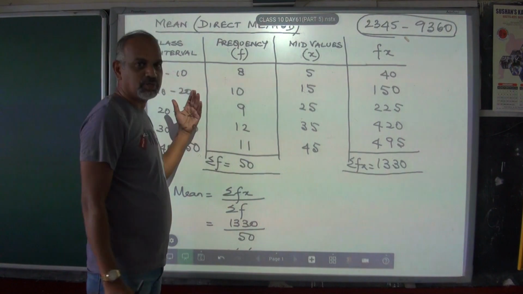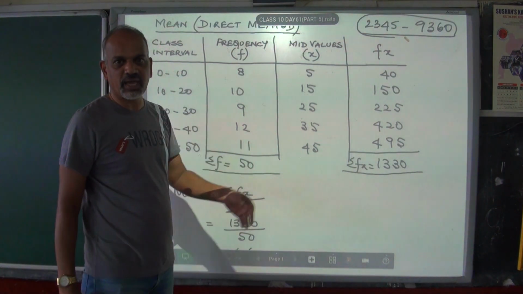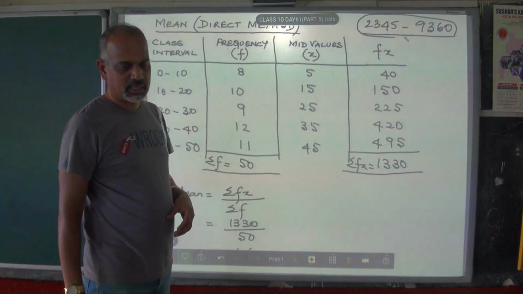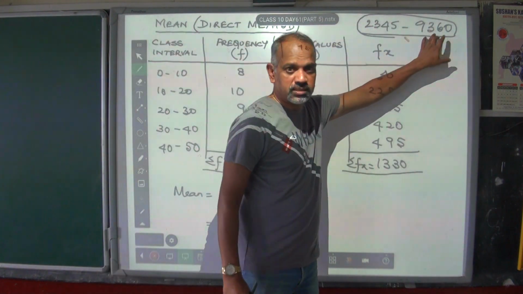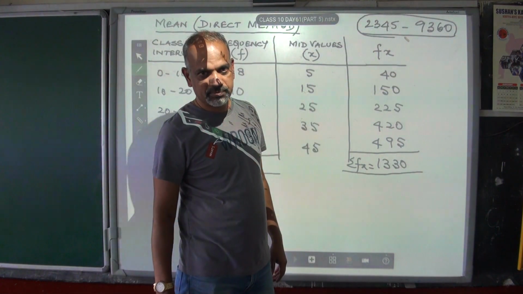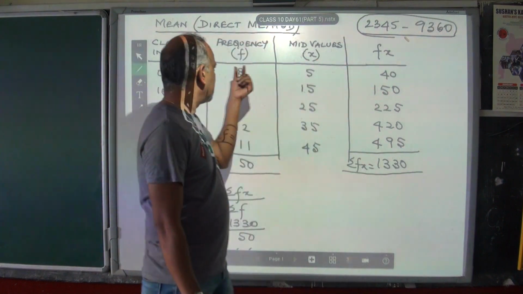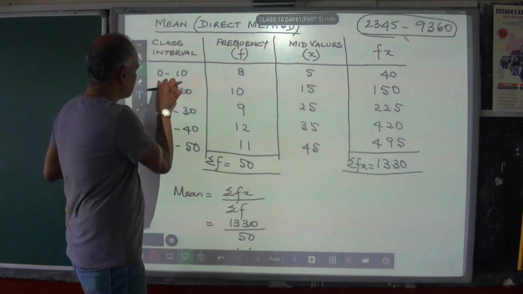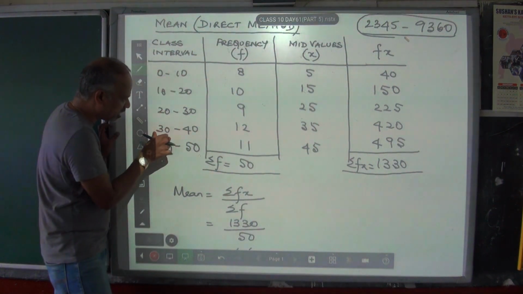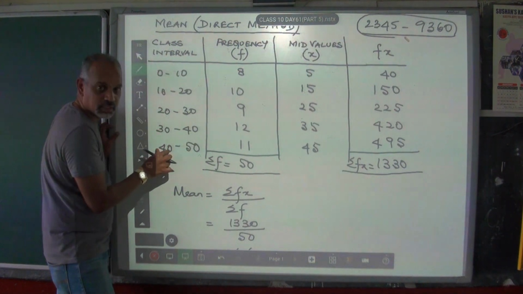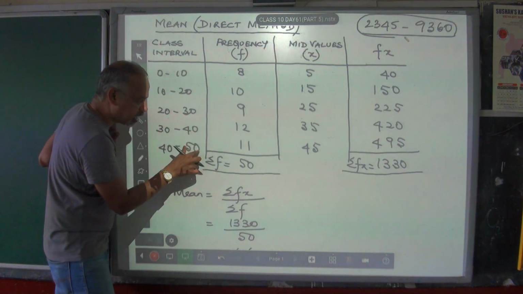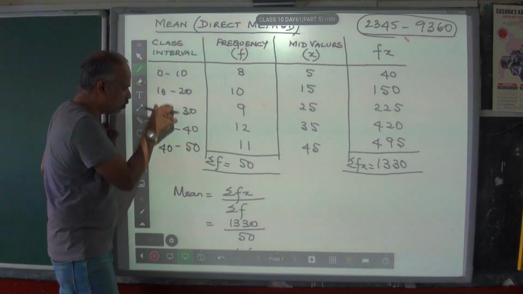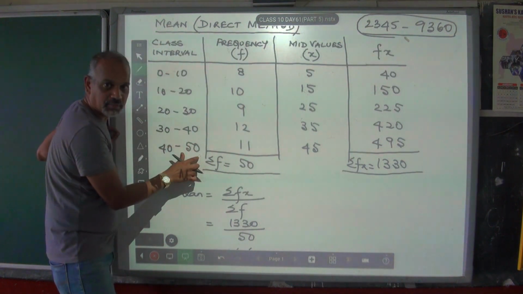Here the numbers were smaller, so it was easy to find the middle number. For such things, if you look at these class intervals, these values which are in the beginning are called lower limits, and these values are called upper limits.